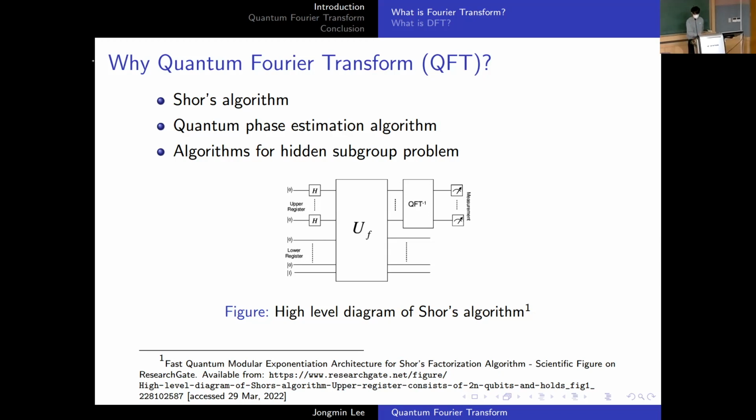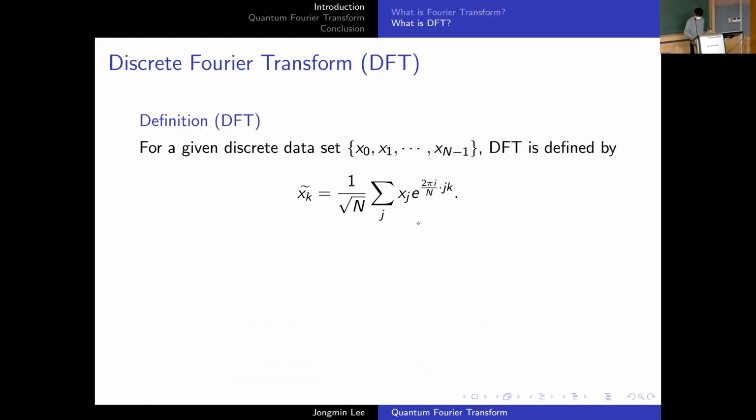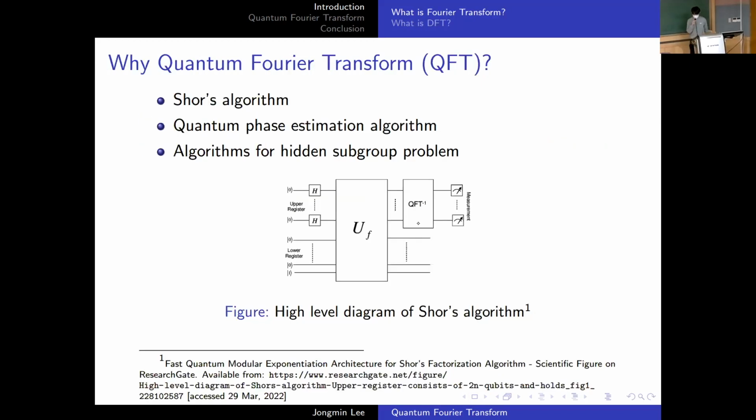For example, Shor's algorithm in the figure uses inverse QFT gates in the last part, and the quantum phase estimation algorithm and the algorithms for the hidden subgroup problem are using QFT.